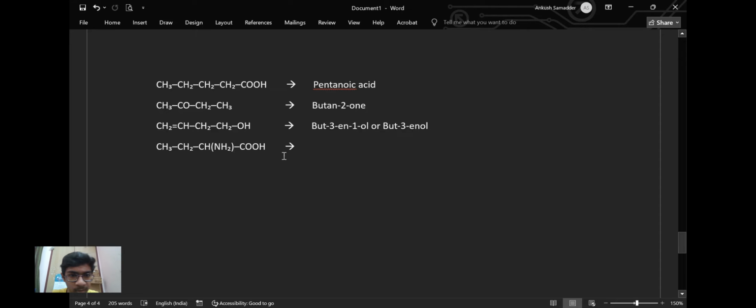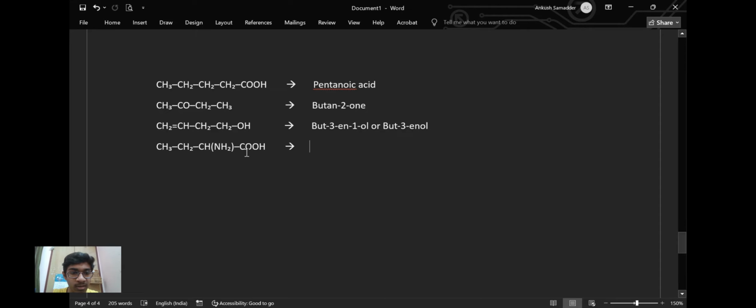In this compound, four carbons are there and also two functional groups. So when there are two functional groups, we'll write one as the prefix and the other as the suffix.